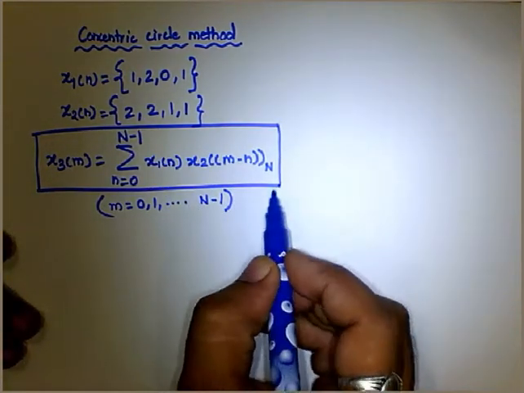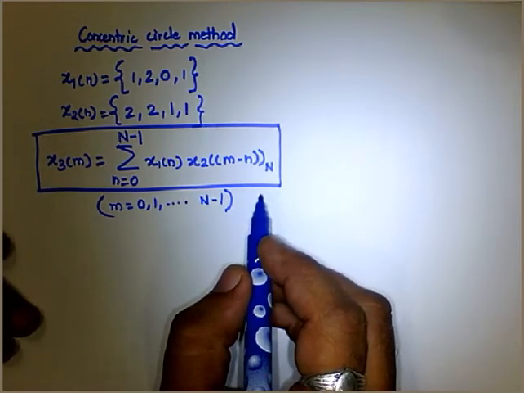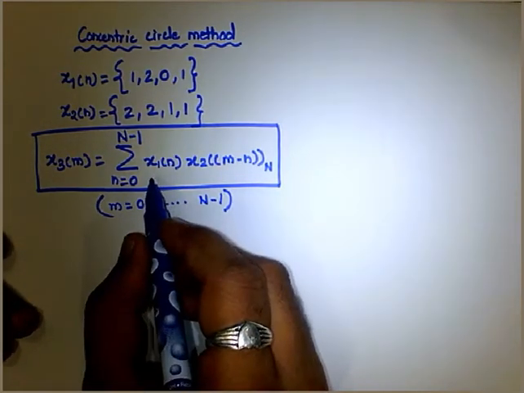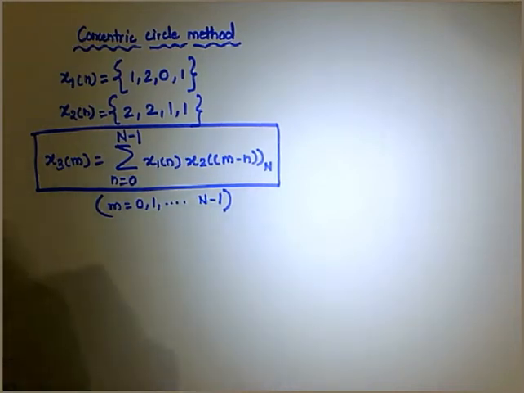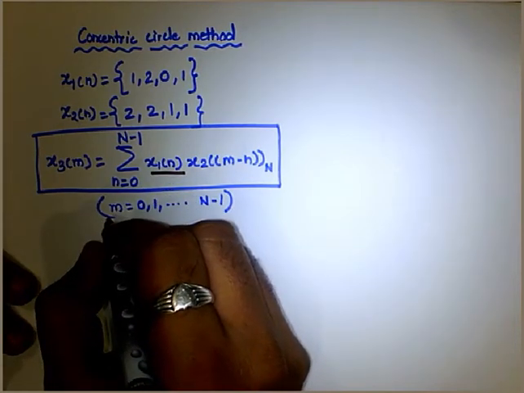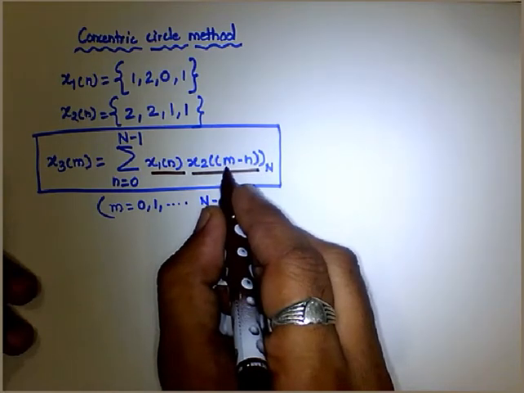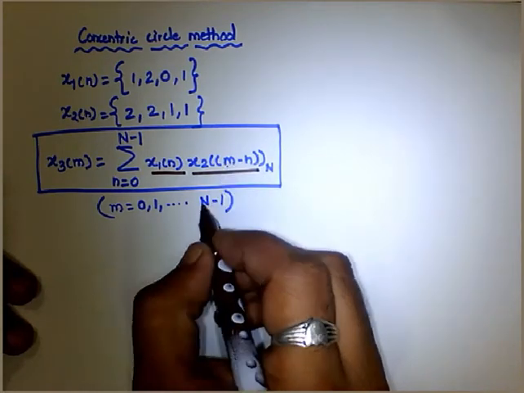There are some other methods also to calculate the circular convolution. Now let's see how to vary this particular sequence. The x1 of n is constant throughout, but x2 of m minus n depends on the value of m.